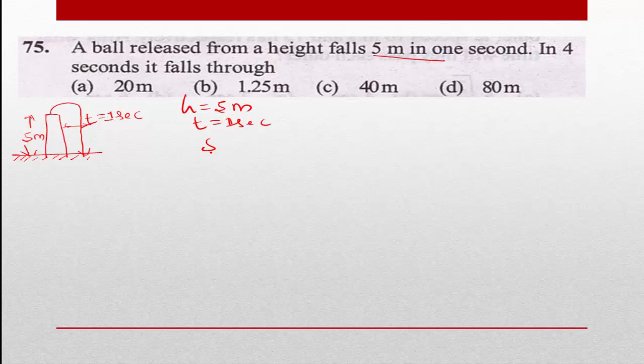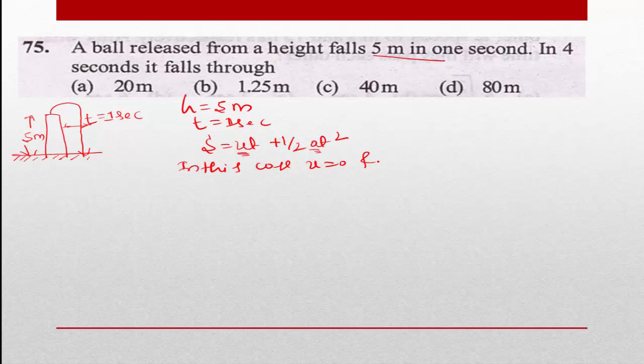We know the formula s equal to ut plus half at square. Here u is the initial velocity and a is the acceleration. In this case u equal to 0 and the ball is released from the height.